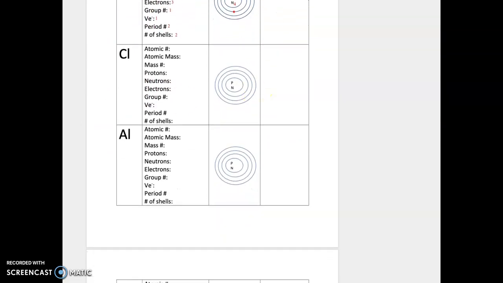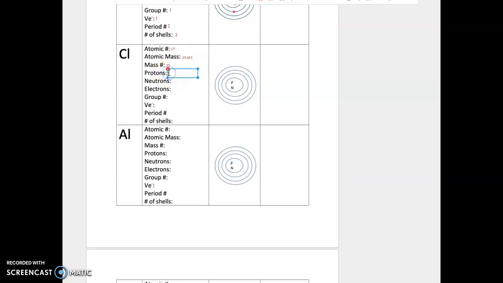Going on to Cl, we're going to start with our atomic number. That's found on your periodic table, and it's 17. Then we go to our atomic mass, which we also find on the periodic table, and it's 35.453. We can find our mass number by rounding the atomic mass, so it's going to be 35.